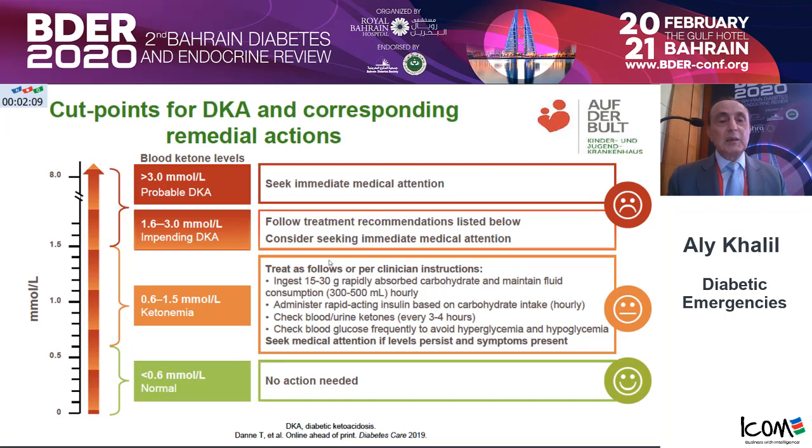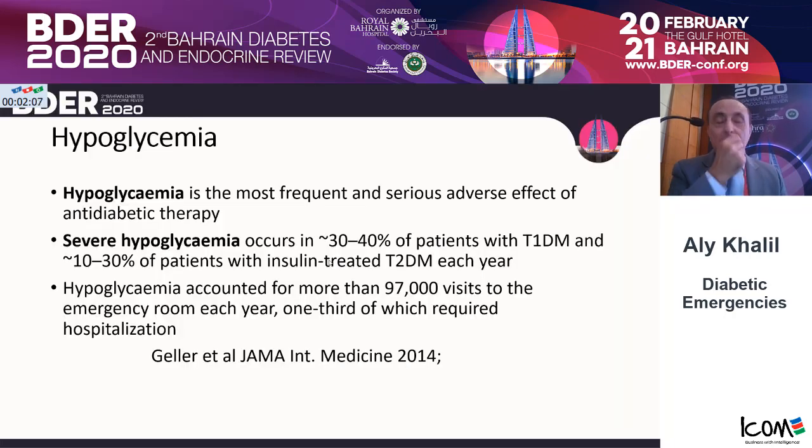Having said this, I'll skip this, and mention hypoglycemia. The main management, if the patient has minimal hypoglycemia, is to use the rule of 15. You give them 15 grams of carbohydrates, you wait 15 minutes, reassess the blood sugar, and if still on the low side, give them another 15 grams of glucose until the glucose comes back to normal.